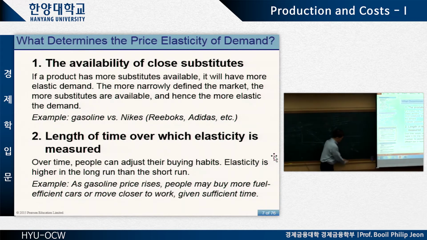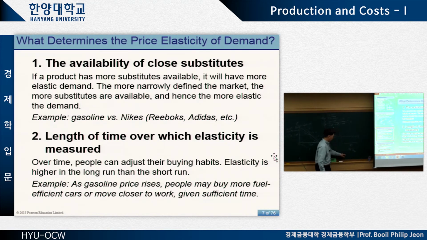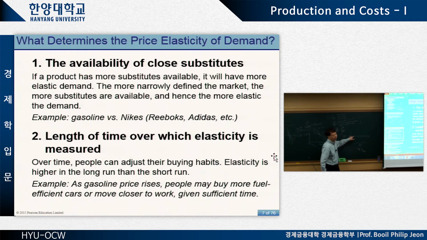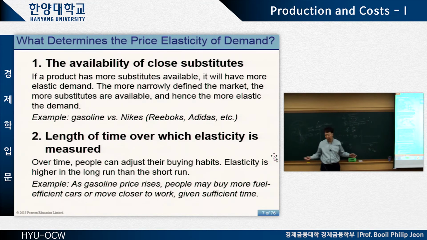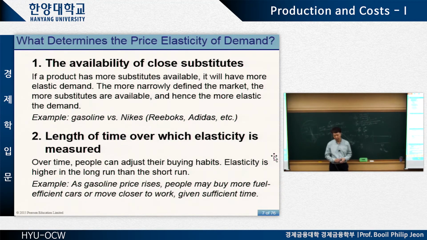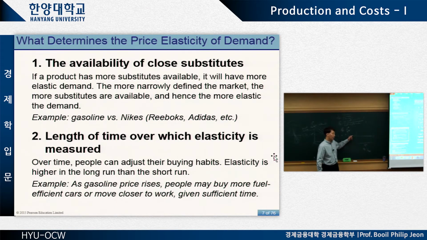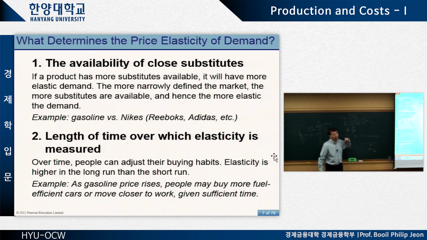This is for Farmer Jones. Because Farmer Jones faces so much competition, there are so many alternatives or substitutes for Farmer Jones's wheat, demand for Farmer Jones's wheat is horizontal or infinitely elastic, right?